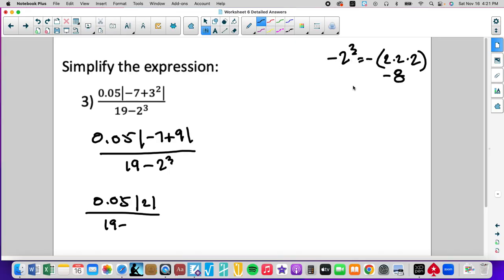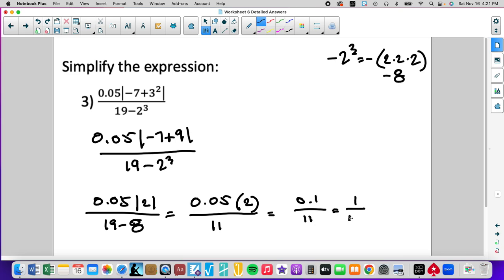We have to be careful of that and make sure that we simplify it properly. Then we have 0.05 times the absolute value of 2, which is 2, and 19 minus 8 gives us 11. Then 0.05 times 2 is 0.1 over 11, which is 1 over 110.